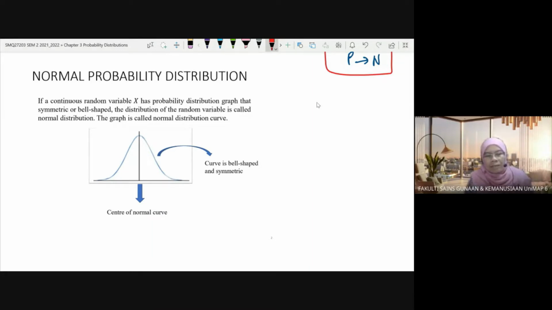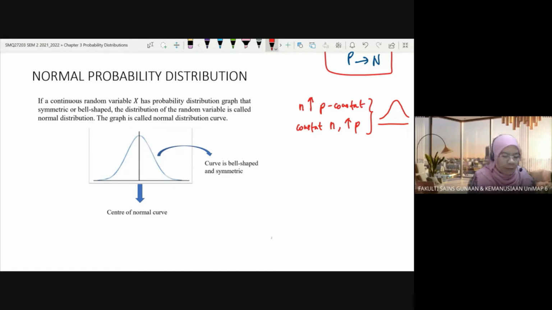Remember last time when I talked about the Poisson and binomial problem: if you increase the n with p remaining constant, or you have constant n and you increase the probability of success p, it will converge to what we call a symmetric distribution. We have discussed that before.